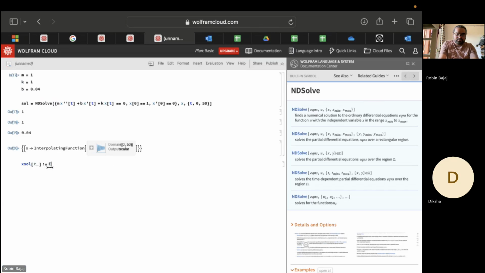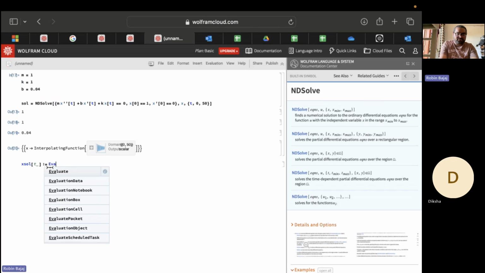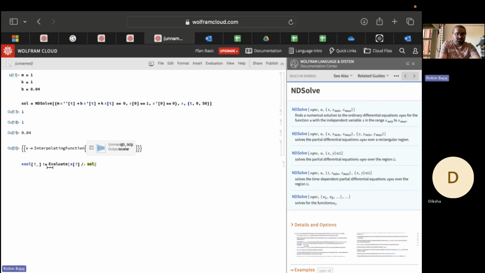So you should know the difference with evaluate. I want to evaluate x of t from the solution, which is this interpolating function. From this association, I want to extract this thing. That's what I'm doing.